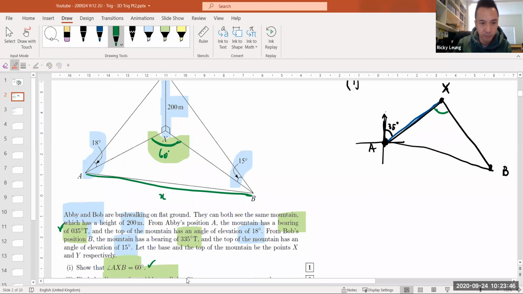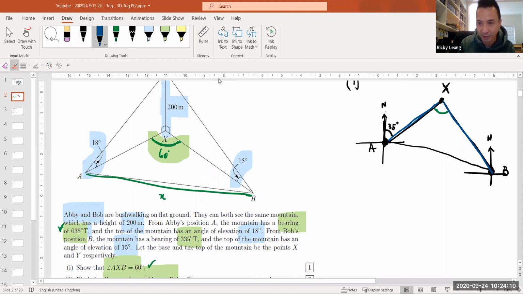What else do I know? That the bearing of the mountain from B, so once again, I'm going to draw an arrowhead at B, where both of these are pointing to true north, and it's telling me that the bearing from B to X is 335 degrees.